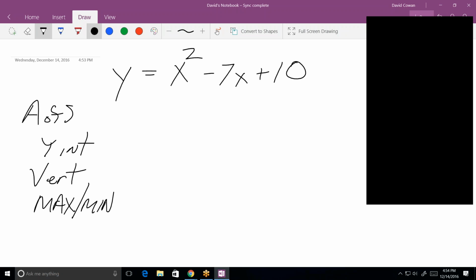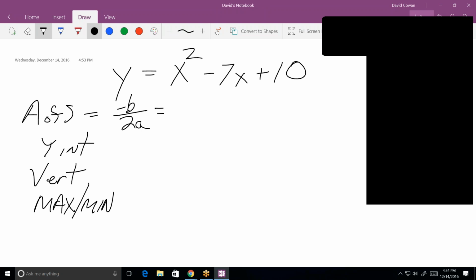What's the x-coordinate of the vertex equal to? Negative b over 2a. And what is that in this particular quadratic that I gave you? Oh wait, I get this, so it's positive, so it's 7 over 2.